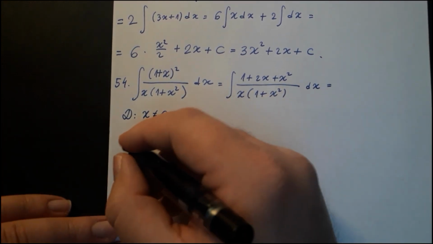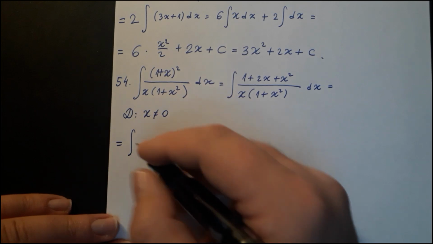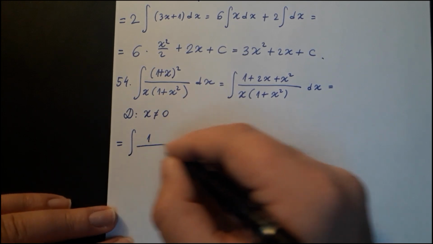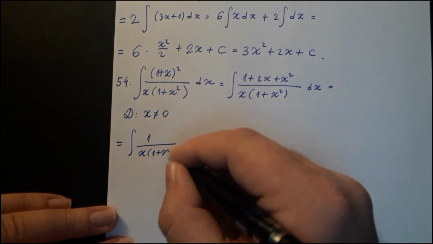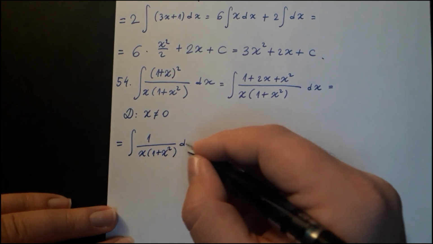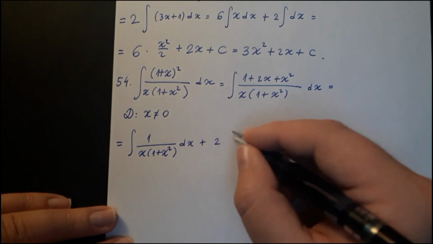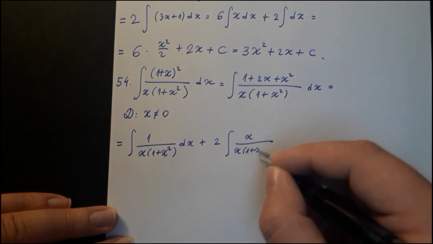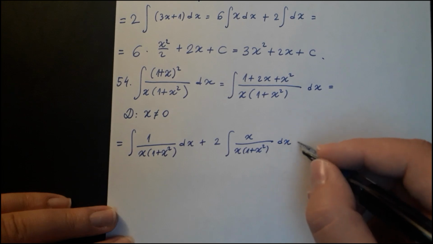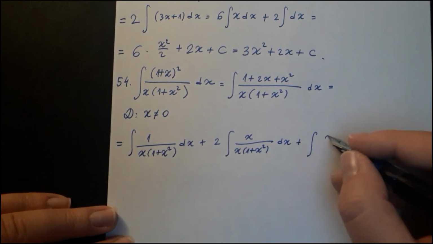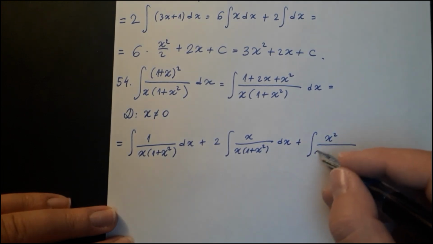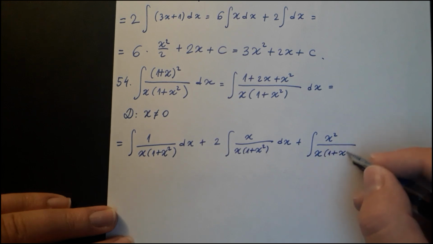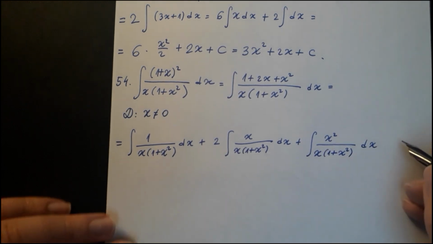And then this can be written as an integral of 1 divided by x times 1 plus x squared dx plus 2 times an integral of x divided by x times 1 plus x squared dx plus an integral of x squared divided by x times 1 plus x squared dx.